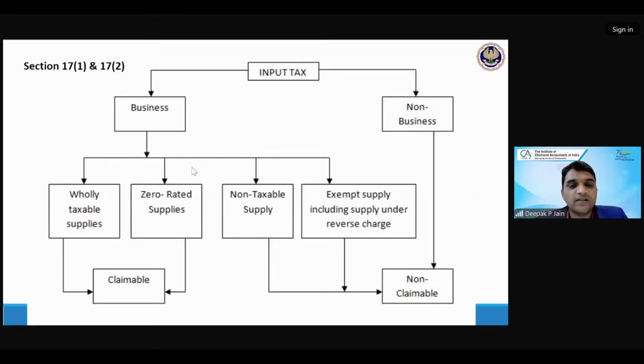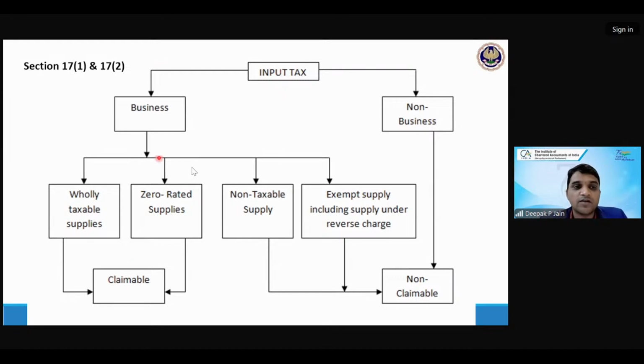So basically, if the credit is for business and non-business purposes, if it is used for business purposes, then it is wholly taxable and it can be zero rated supply. So when a business does any transaction which is a wholly taxable supply or a zero rated supply, then the input tax credit is claimable.